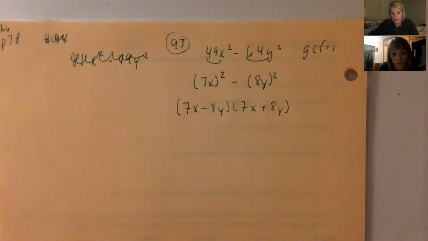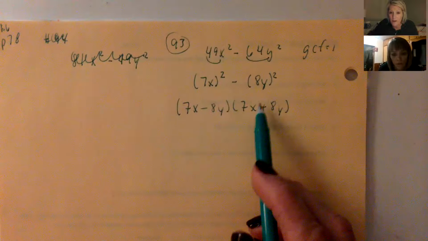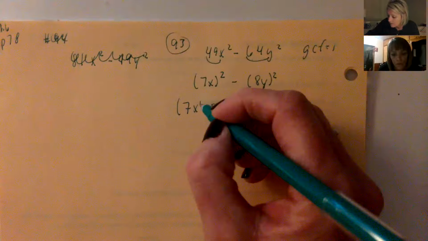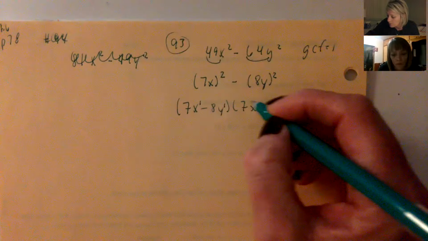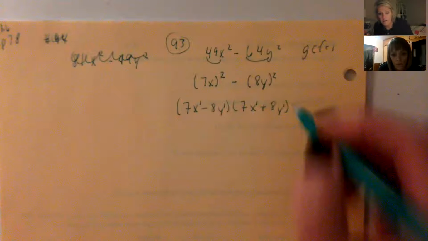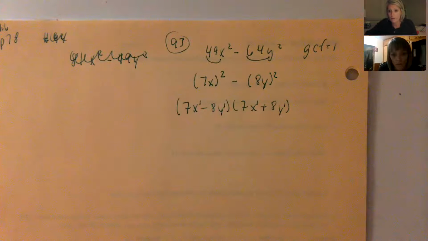And I'm done because the X and Y's all have an unsaid 1. They're not written, right? When the exponent's 1, we don't write them. But that's how we know we're done.